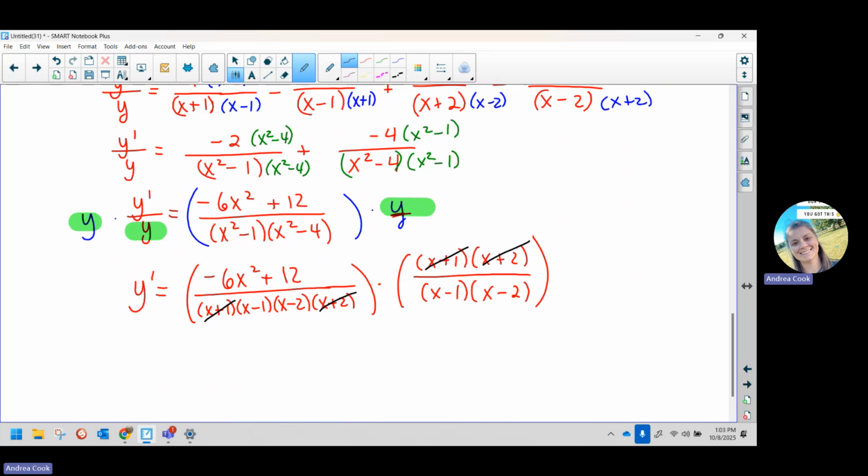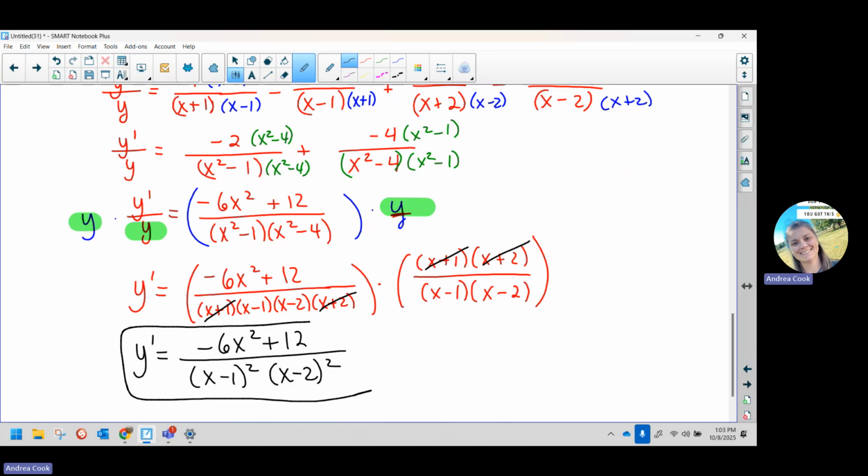So my derivative is negative 6x squared plus 12 over x minus 1, I have two of those, and x minus 2, I have two of those. Let me fix some of that. It's not bad, it's just long.